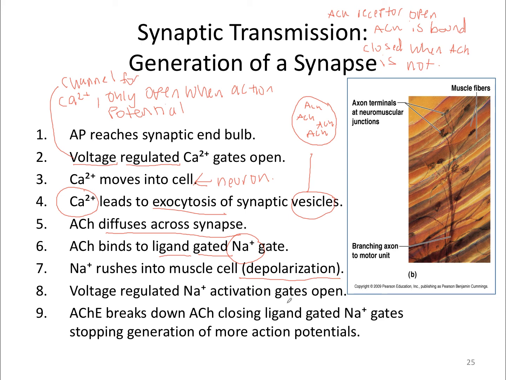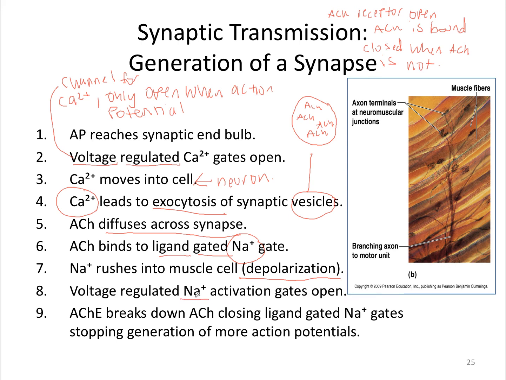So it brings the membrane from a state of electrical difference, so a lot more negative charge on the inside and a lot more positive charge on the outside, to a state that more closely resembles equilibrium. So if it was polarized before, meaning had opposite charge sides, depolarizing it means we're undoing that. So voltage-regulated sodium activation gates open.